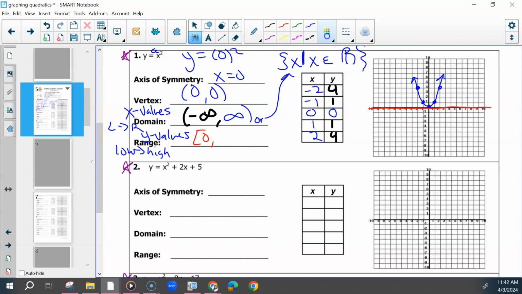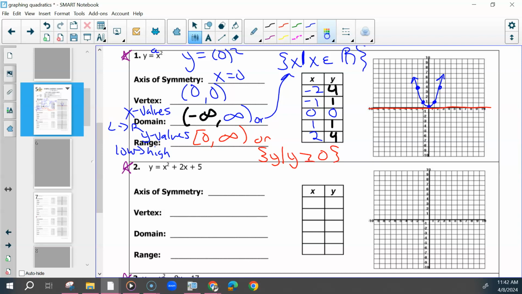What is the highest point? Infinity. It keeps going. Parentheses. Correct. Or, in set builder notation, that would be curly brackets, y, the vertical line. This is going to start at 0 and keep going to infinity, so it's everything y is greater than or equal to 0.